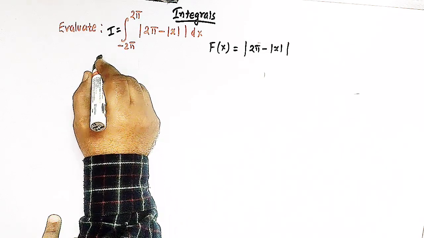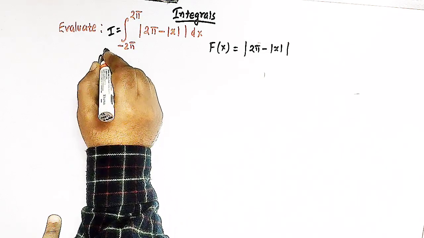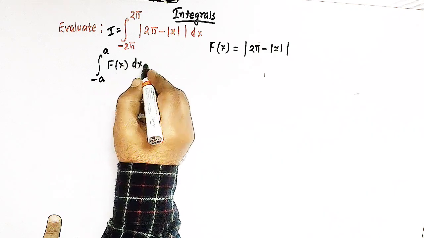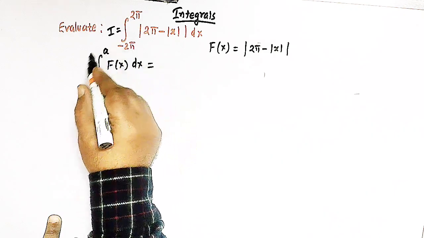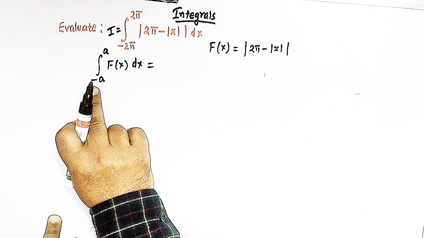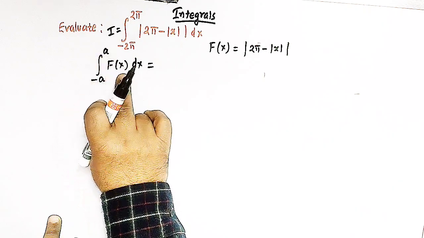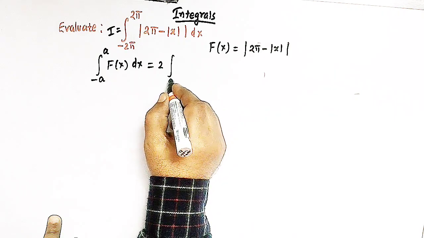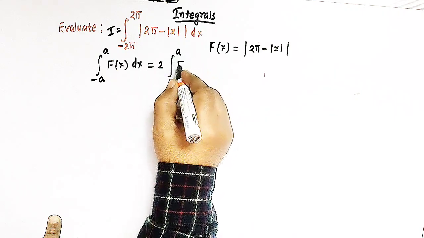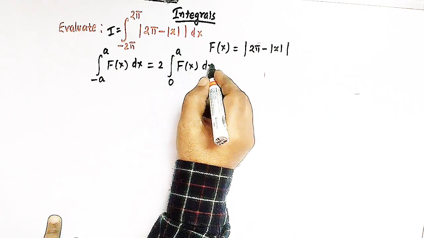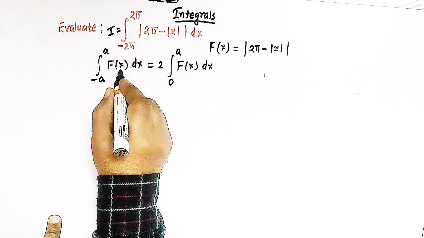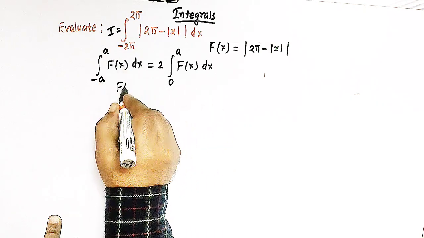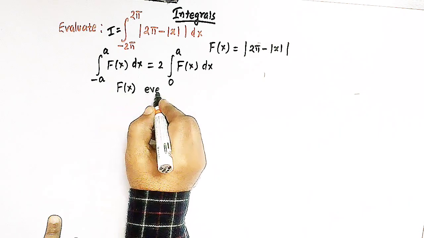The integral from minus a to a of f of x dx is equal to 2 times the integral from 0 to a of f of x dx, provided this function f of x is an even function.